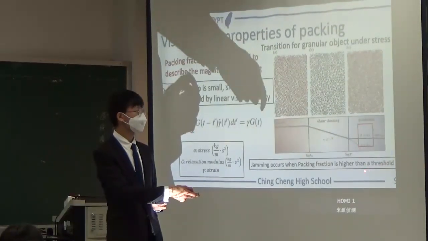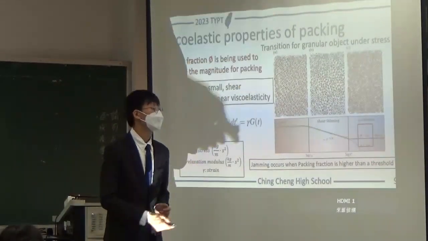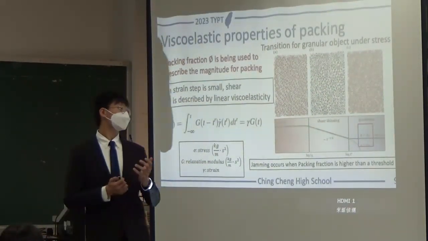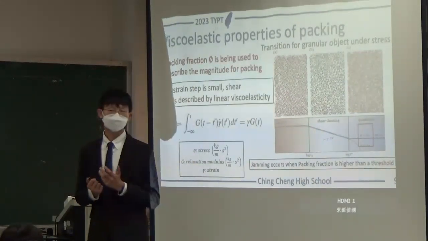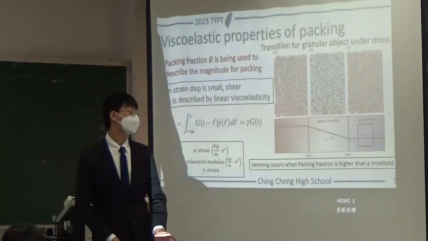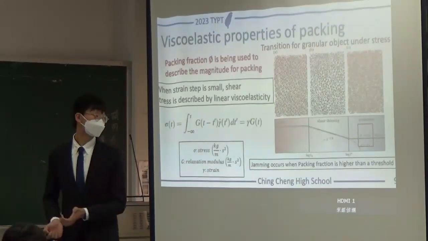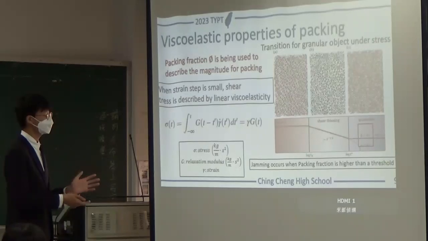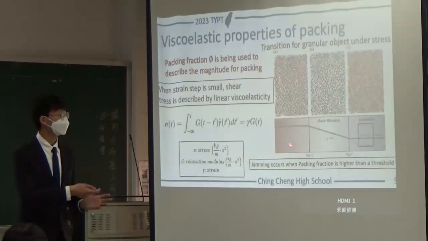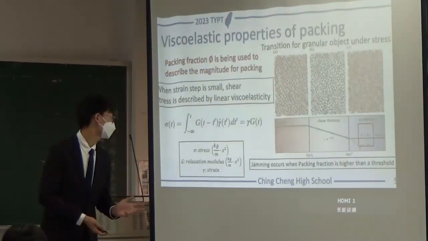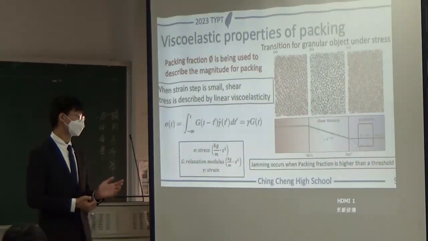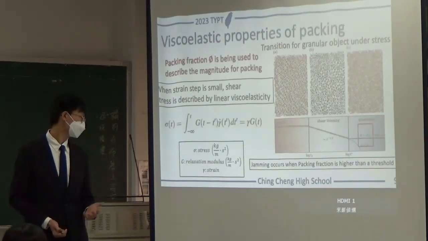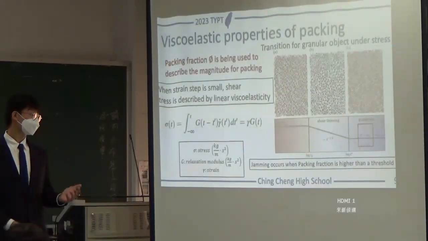And in the third part, we can see the particles form the jam condition. And the condition of the granular material here is shear-thickening. And we have the expression about this phenomenon. The sigma means the stress, and the G means the relaxation modulus, and the gamma means the strain.